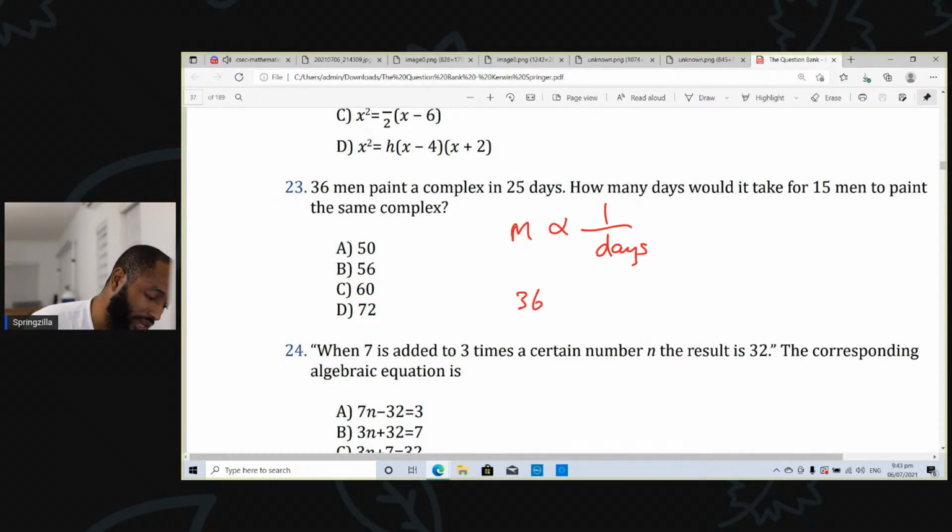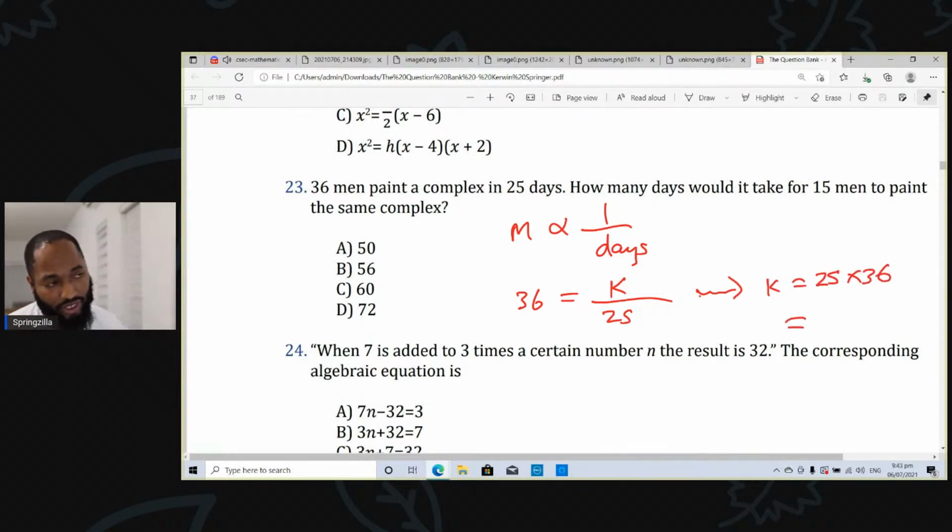So 36 men take, and I'm going to put a constant of proportionality K, 1 over 36 over the days is 25. So K is equal to 25 times 36. Somebody can tell me how much is 25 times 36?